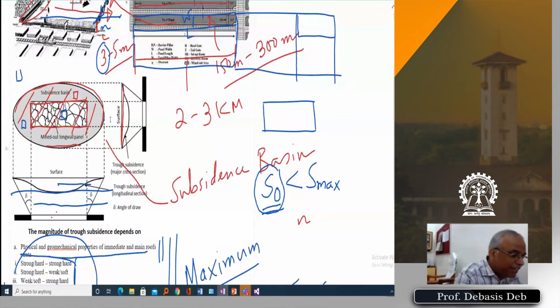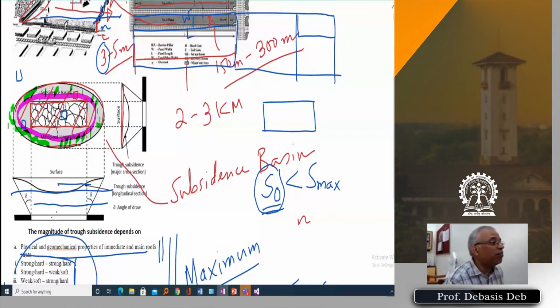Now, let's say because of this, this area is under that angle of critical deformation. So you can see it's a huge area we are talking about, in this green zone. If some houses are there in this green zone, they're safe.